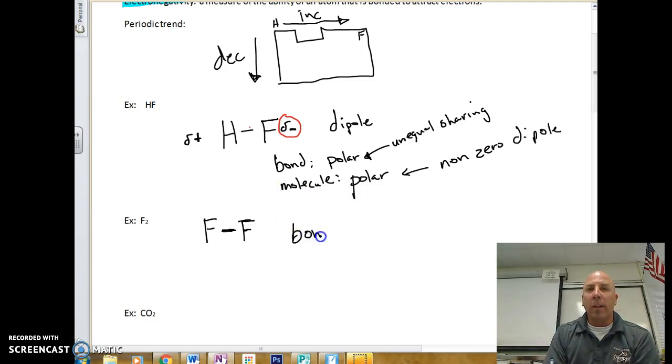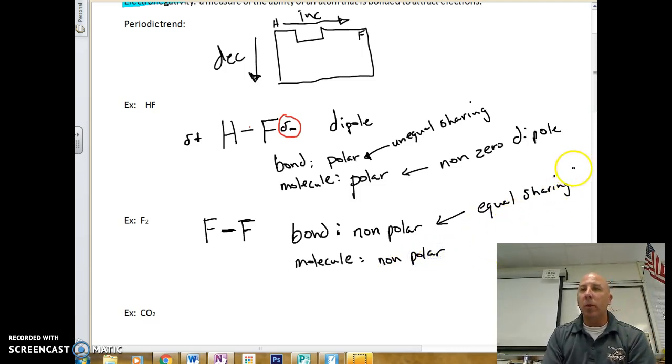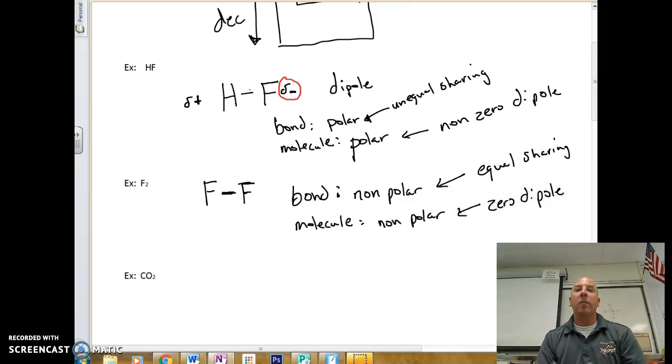So in this molecule, the bond is nonpolar, because you have equal sharing of the electrons around those fluorine atoms. The molecule itself is also nonpolar because there's a zero dipole. Another way to say that is there's not going to be a positive charge on one fluorine and a negative charge on the other.